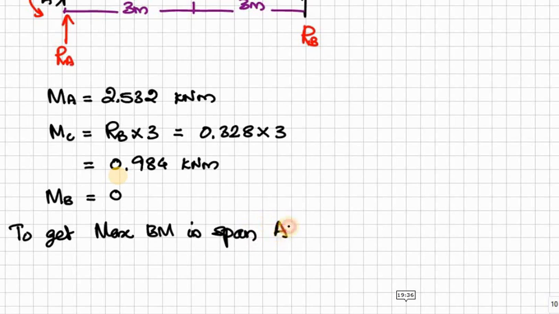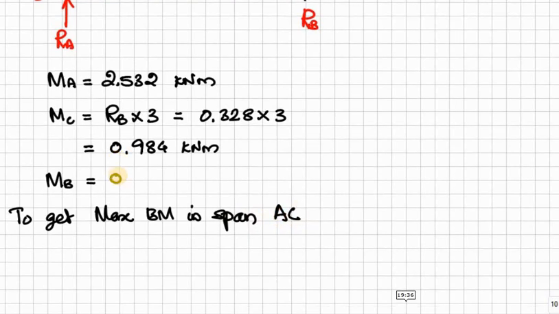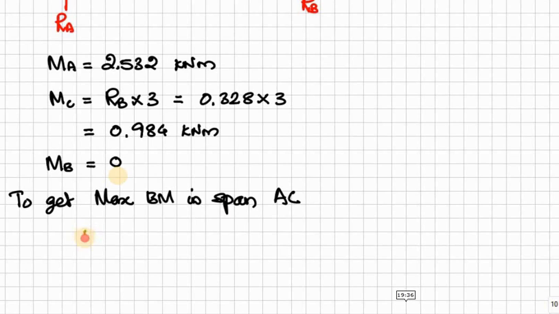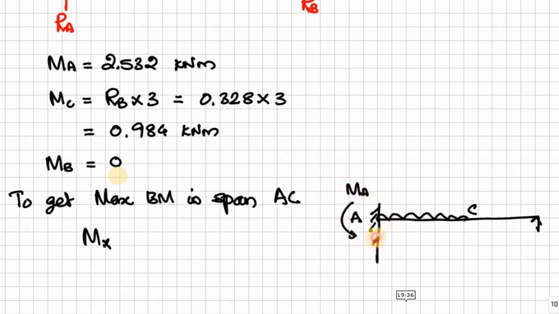To get maximum bending moment in span AC, because there we have the UDL loading, therefore we have to consider one section in AC and take the moment at section X, and differentiate Mx with respect to X and equating to 0 will give you the distance at which the moment will be maximum. Okay, this is the section.